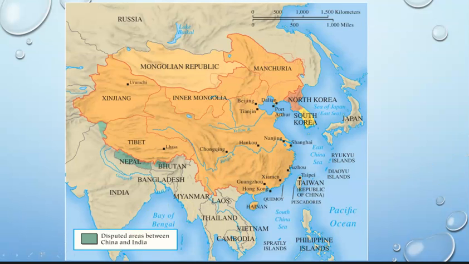Now here is a map of modern China. You can see in it how much their territory has expanded, how far they have come close to India, even disputed territories with India. And of course their takeover of Tibet in 1950 is considered to be quite controversial by many.